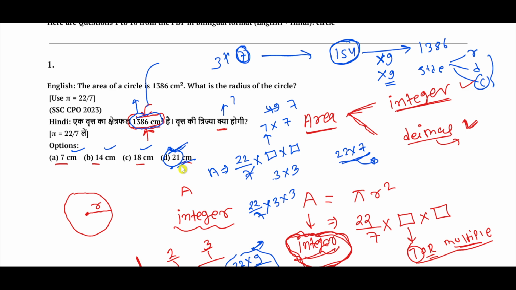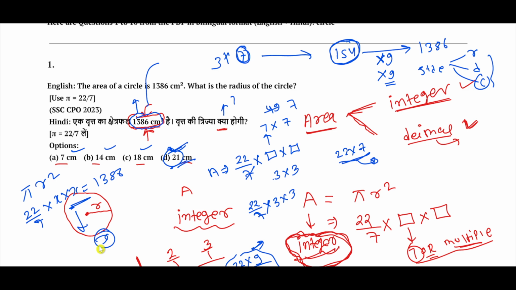I want to say there is no need to use the formula. The formula you would use in these types of questions is pi r square, where you assume pi value 22/7 and the r value you assume x into x equals the given 1386. From here you solve this question, find the x value, and pick the particular option that you got.